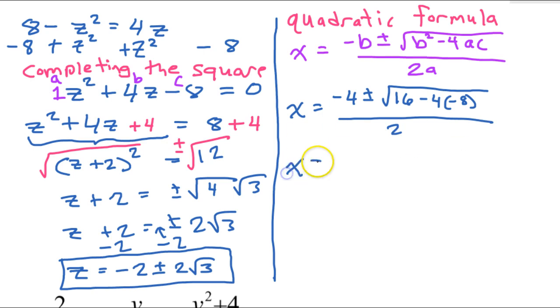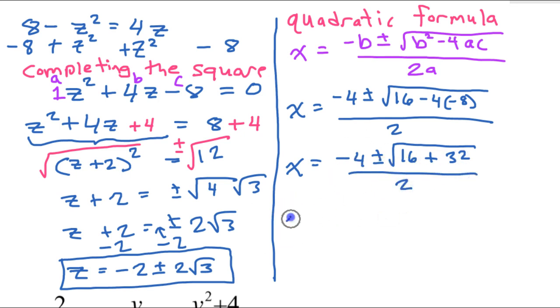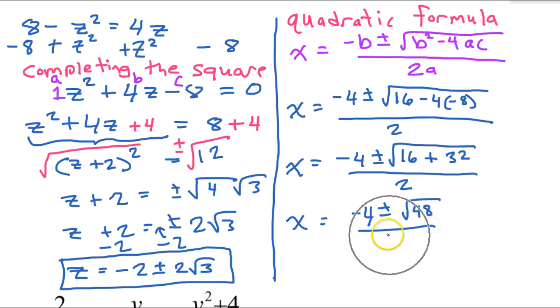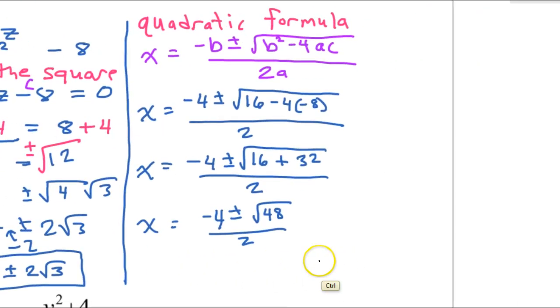Okay, so I just need to simplify this now. So negative 4 plus or minus the square root of 16. Let's see. Negative 4 times negative 8 is positive 32. All right, and that's going to give me negative 4 plus or minus the square root of 48 over 2.